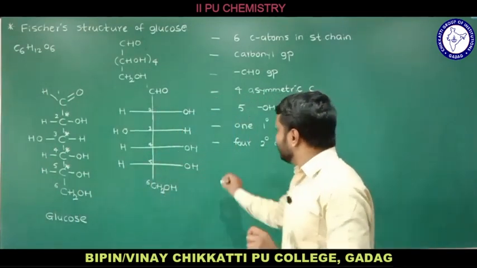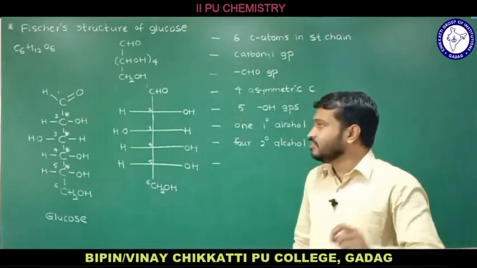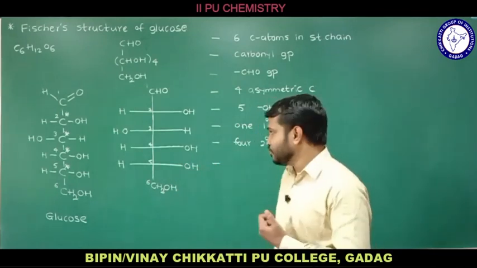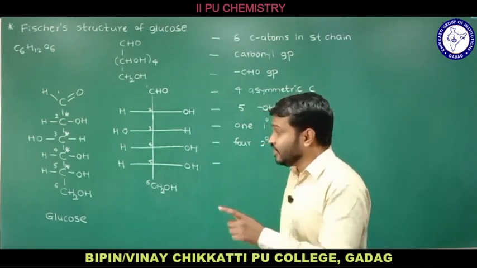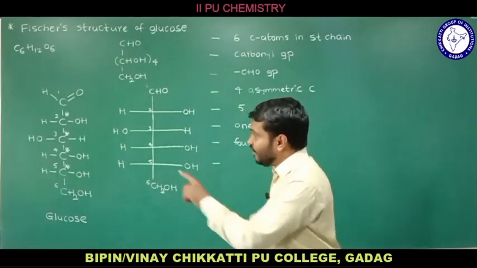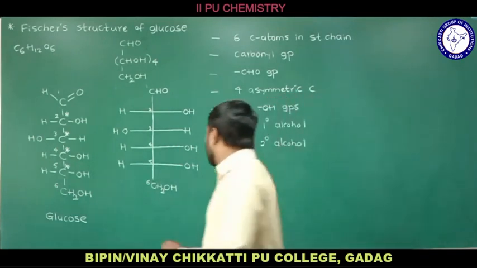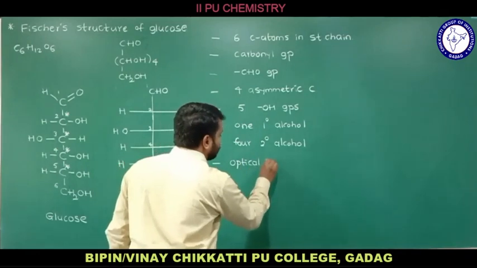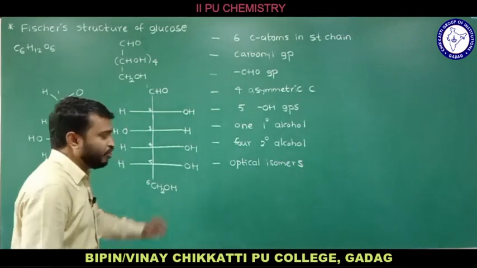Now we know that if any compound has an asymmetric carbon, it shows the property of chirality and optical isomers, so optical activity is the property related to that. Now we'll see how many optical isomers are possible for glucose.